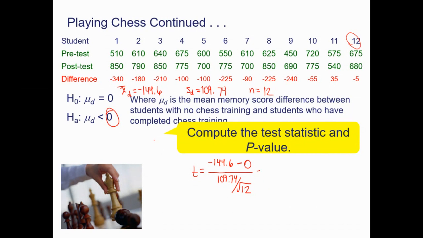Again, saving all the calculations, this would be negative 4.56.